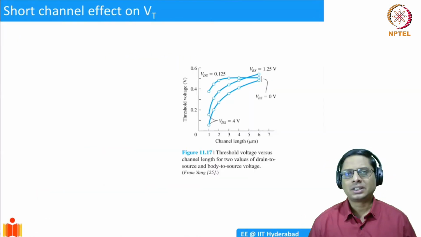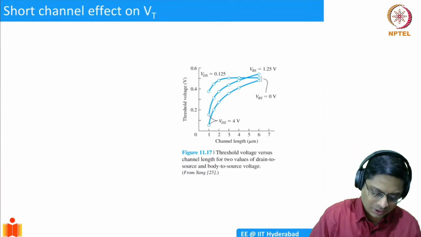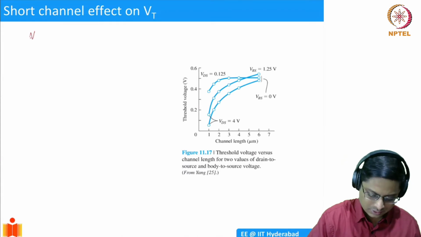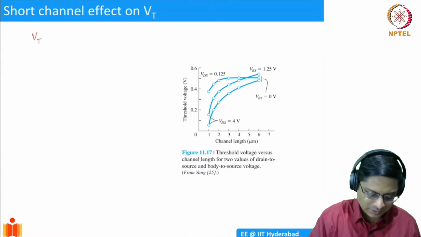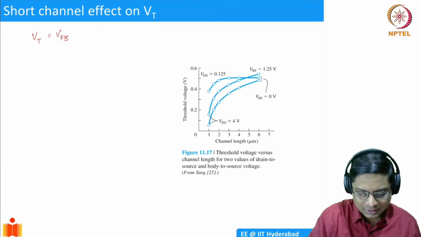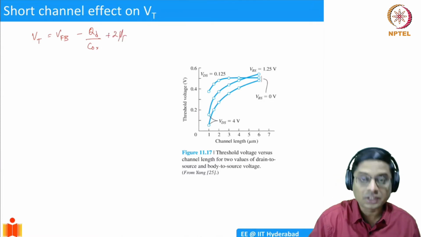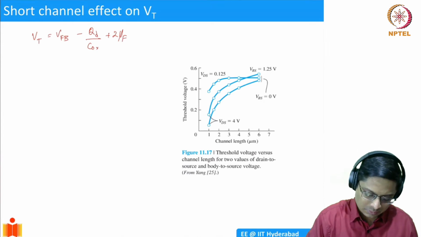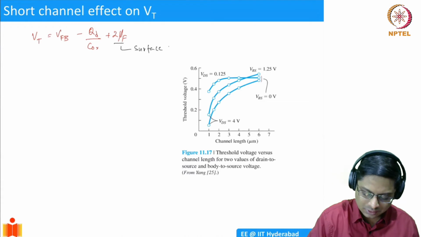If you look at the derivation for VT that we have done, you might recall that VT had a few components. We did this for the case of an ideal MOS cap, and that's exactly valid for MOSFETs as well. So you have the flat band voltage, then a minus QD by Cox term, plus 2 phi f, which is the surface potential, essentially the potential drop in the semiconductor.